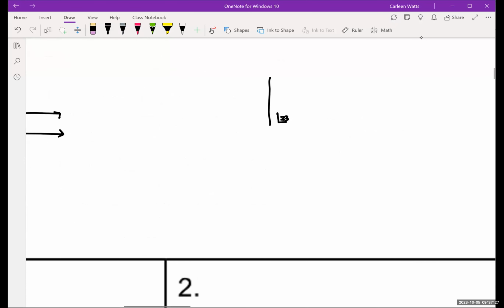Alternate interior angles, we need to talk about the interior. I have 2 parallel lines cut by a transversal. Let's look at this house. Here is the front yard, there's some grass. Here is the backyard.